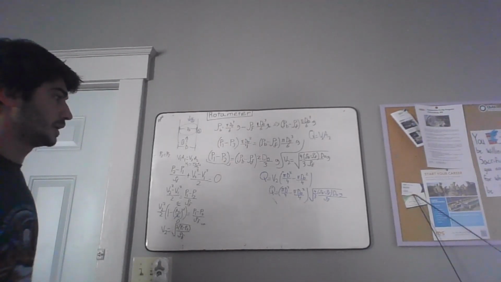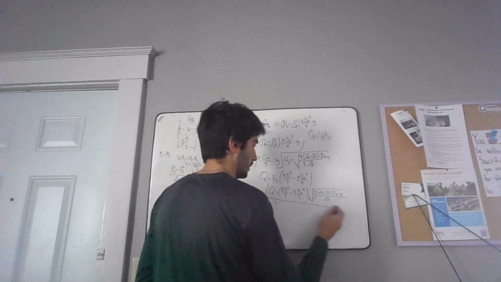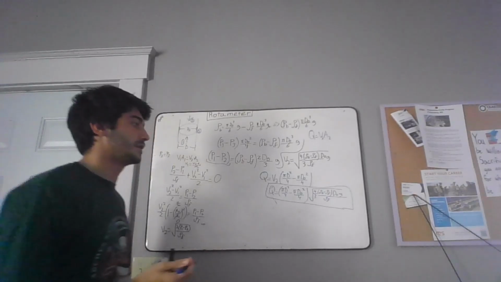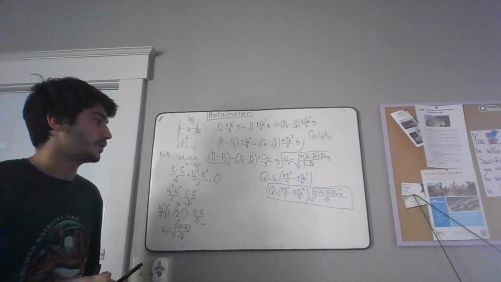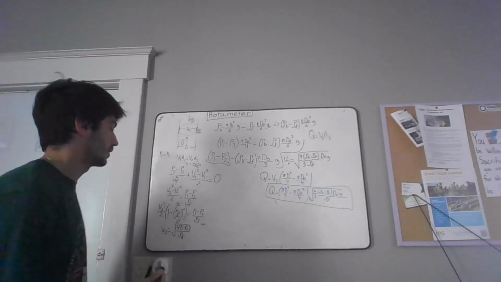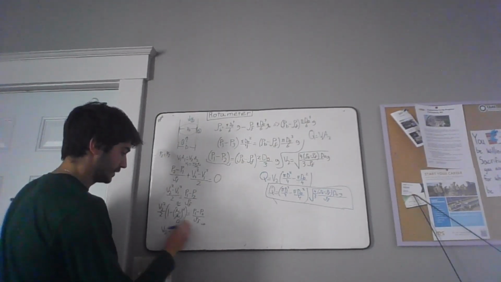Okay, beautiful. So now we have our volumetric flow rate here. However, we still do not have it in terms of H. We're still missing that. So what I'm going to do is free up some space over here so we can talk about this a little more, how we can integrate H into there.